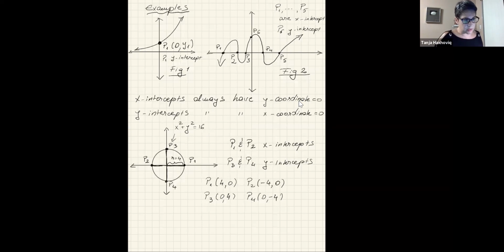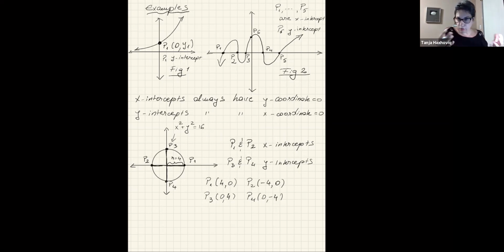So now the question is: is it possible to find the intercepts if you don't have a graph available? If no graph is known, can you still find out what the x and y intercepts are? The answer is yes. Graphing a function, generally speaking, is not an easy deal. So the more points you identify of your potential graph, the better, and knowing x and y intercepts is always useful.